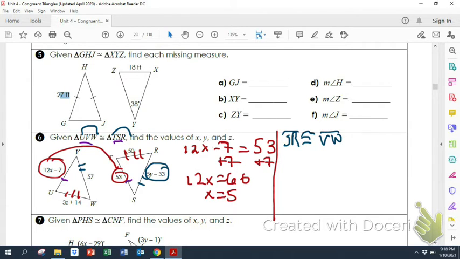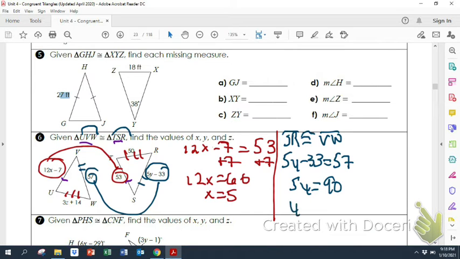So I'm going to match up these two, and I'm going to have 5y minus 33 is equal to 57. And then I can just figure that out. Why don't you guys pause this and go ahead and figure it out. Hopefully you determined that you're going to add 33 to either side, so then you have 5y is equal to 90, and y is equal to 18.